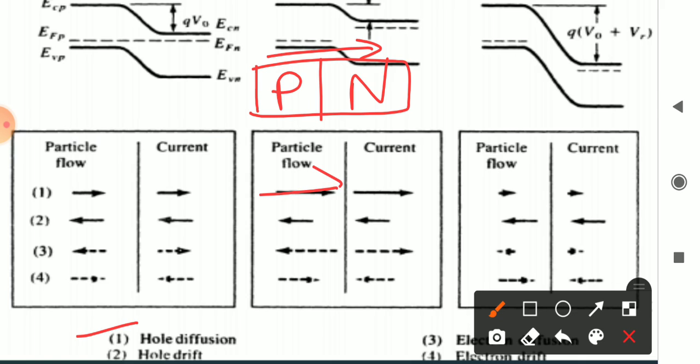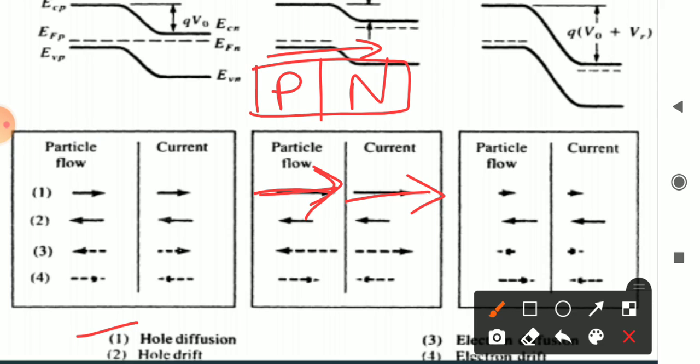So this is our hole movement. Hole movement, and the current direction is exactly the same as the hole direction. See, current direction is nothing but the hole direction. The electron direction and the current direction are exactly opposite to each other, and drift and diffusion are also exactly opposite to each other.